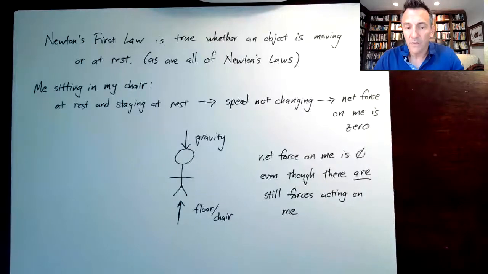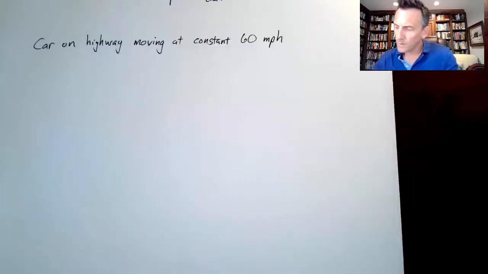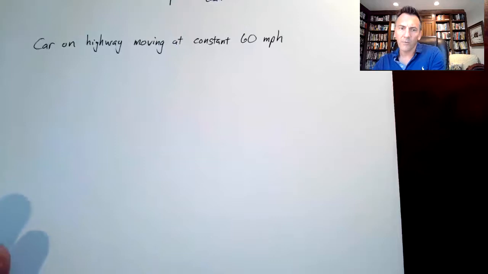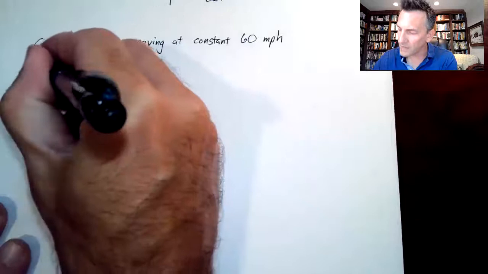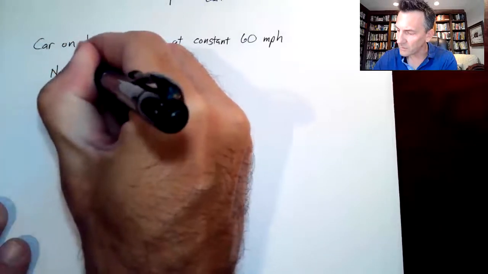Okay, I've already mentioned that Newton's laws are true whether an object is moving or at rest, and I just did an example of an object at rest, me. Now let's talk about the moving case. So imagine a car on a highway that's moving at a constant speed of 60 miles per hour. What is the net force in this case?